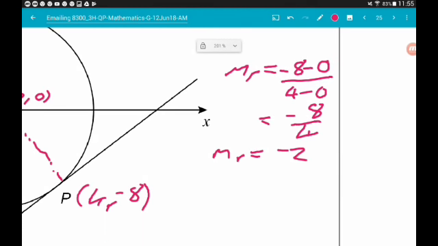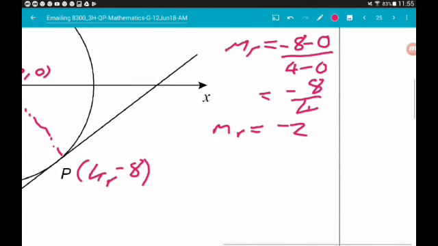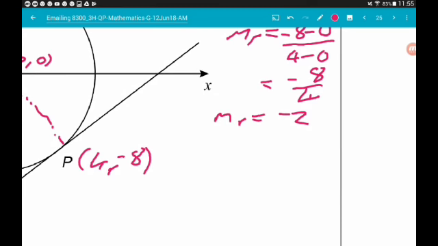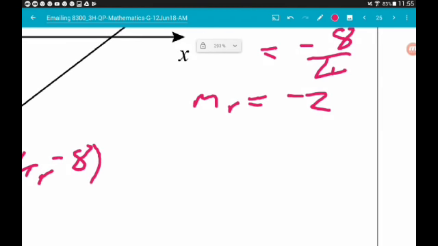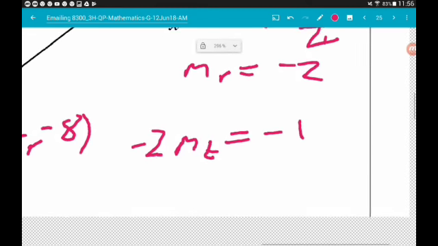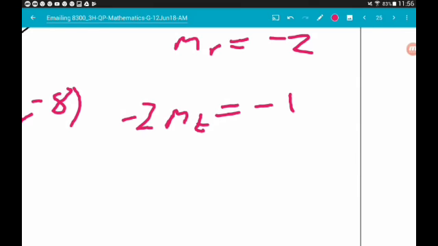Now, as I said, gradients of perpendicular lines multiply together to give us minus 1. So because a radius and a tangent are perpendicular, we can then say that the gradient of my radius, say minus 2, times the gradient of my tangent is equal to minus 1. So to get the gradient of the tangent, we divide by minus 2.